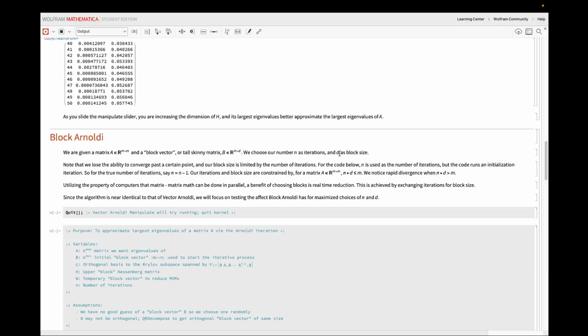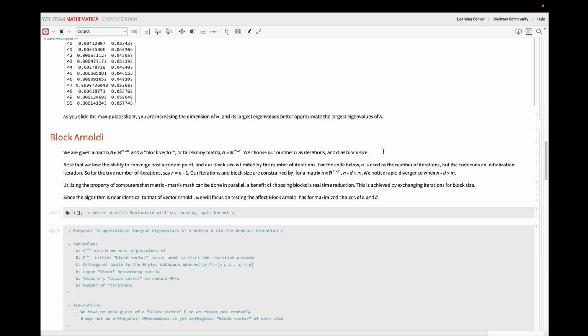We're going to be using dense in our case, but note that this is meant for sparse matrices. We still see positive results with dense matrices. But we will have a quote-unquote tall, skinny block vector matrix B, which is m by d, where d is our block size that we choose, and n the number of iterations.